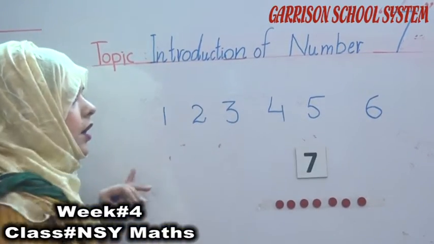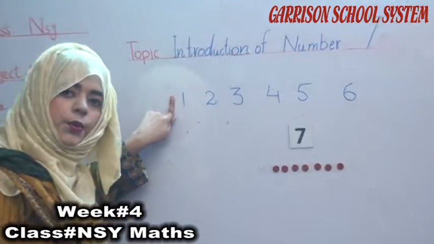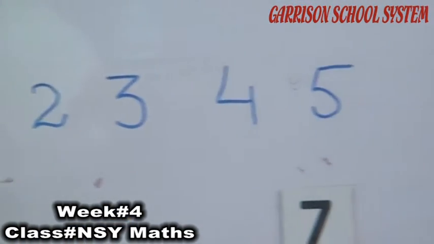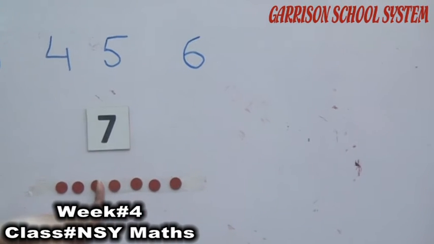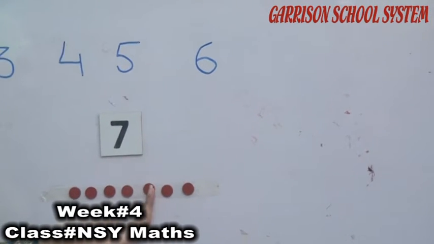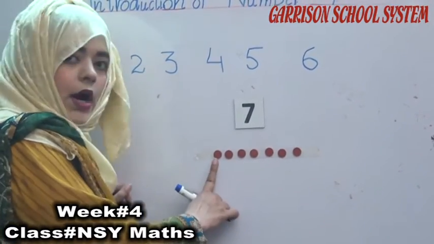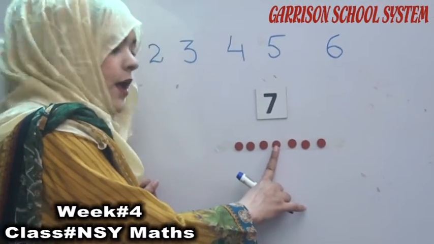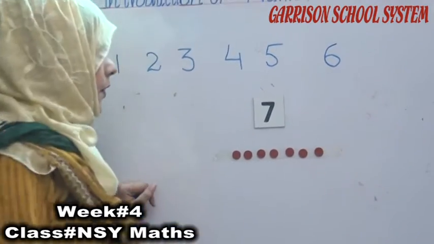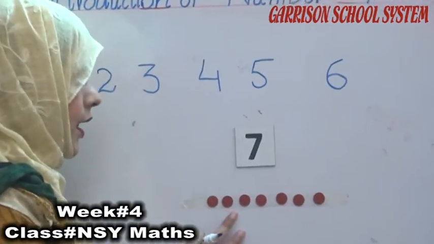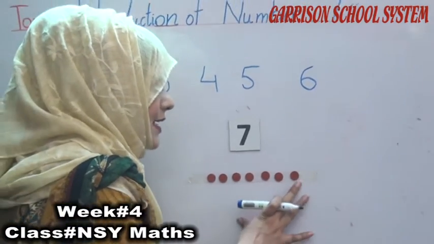These are all numbers from your counting. You started with 1, now you came to 7. So it's 1, 2, 3, 4, 5, 6 and 7. What is it? It is 1, 2, 3, 4, 5, 6, 7.